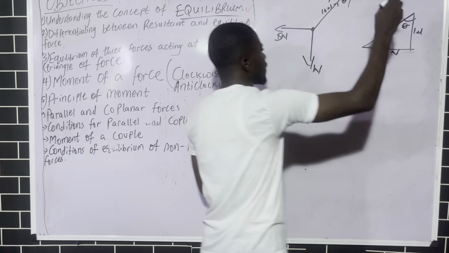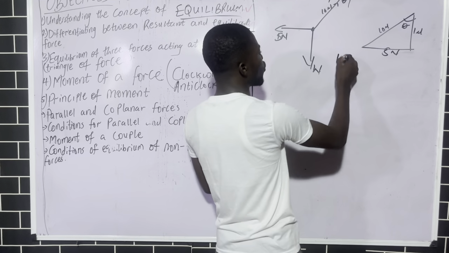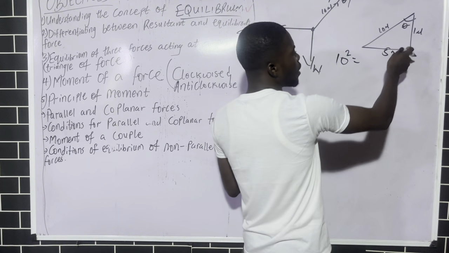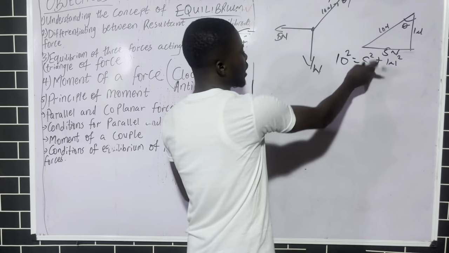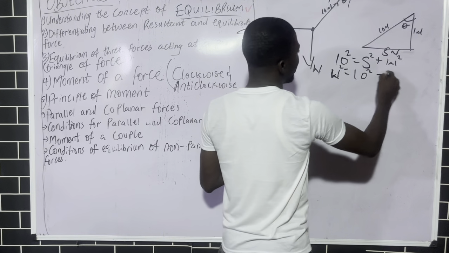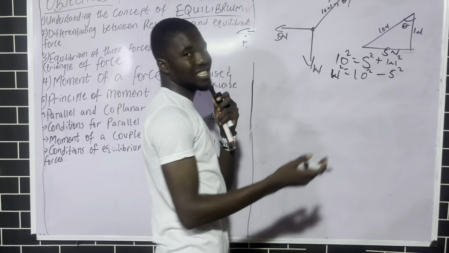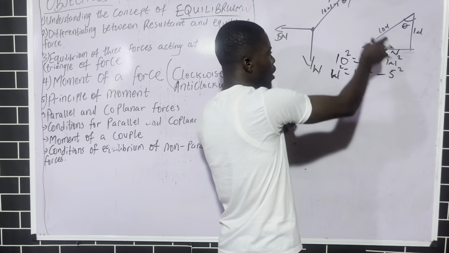So to get W, since they give us two sides, we can use Pythagorean theorem, right? So hypotenuse square, that's 10 square, is equal to the sum of the squares of the two other sides. So take this one to this side. We have W square is equal to 10 square minus 5 square. Hypotenuse square is equal to opposite square plus adjacent square.